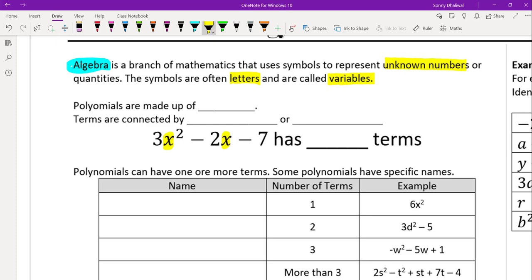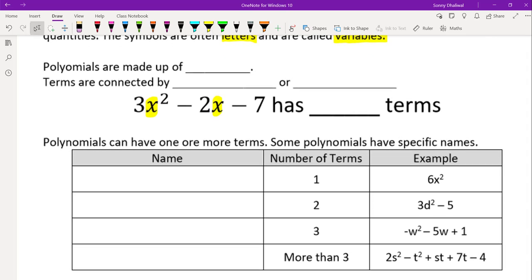So polynomials, that's all these kinds of expressions, are made up of something called terms. And if you can count how many terms an expression has, you can tell me its name. Okay? So how do you determine how many terms an expression has? Terms are separated by or connected by addition and subtraction symbols.